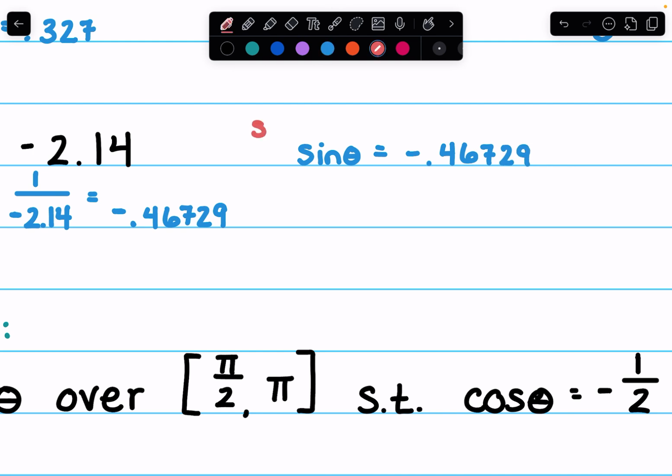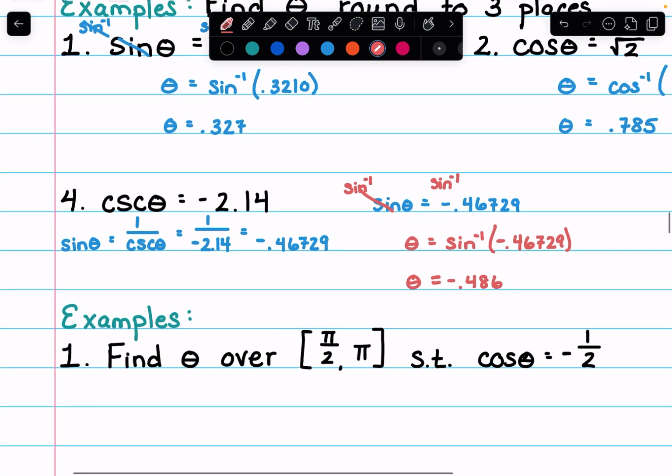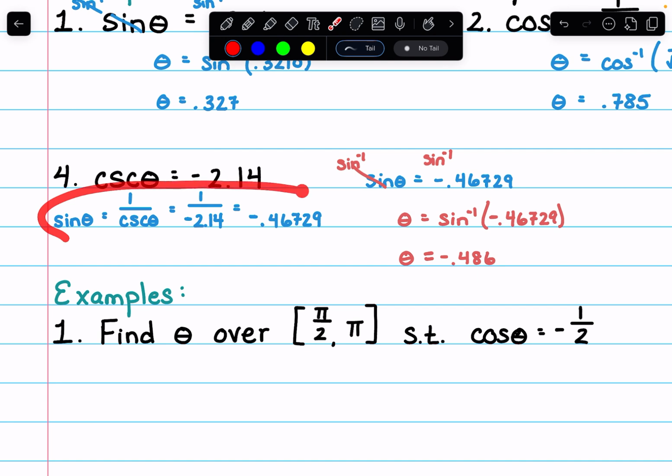So I could type in this guy, second sine, and then I'll get my answer. And you should get -0.486, like that. Okay, so all of this work over here was because I don't have this button.